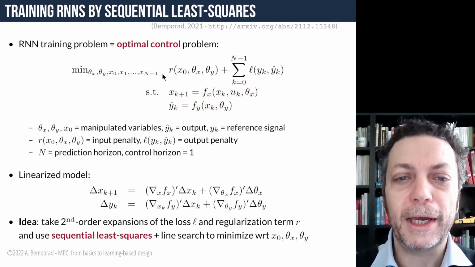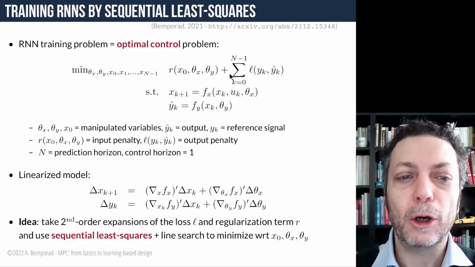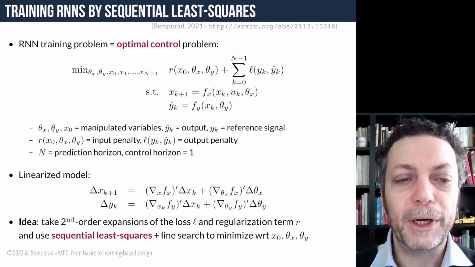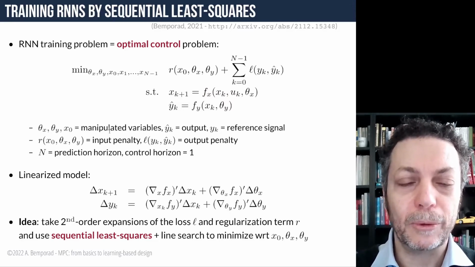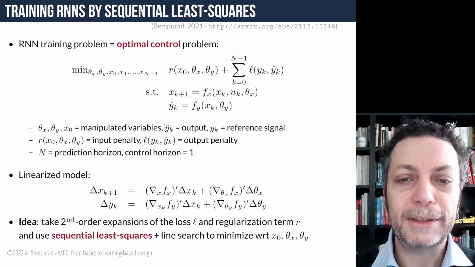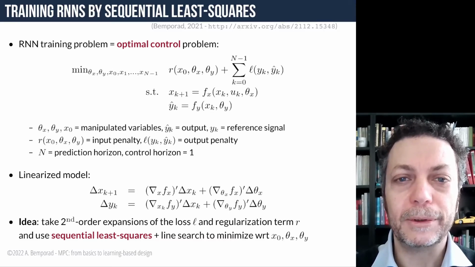Now you can look at this as if it were an optimal control problem, where the network parameters and the initial state are the manipulated variables that you want to optimize. Y hat, the output of the model, is the output of the process you want to optimally control, and yk, the measured output, is the reference signal.